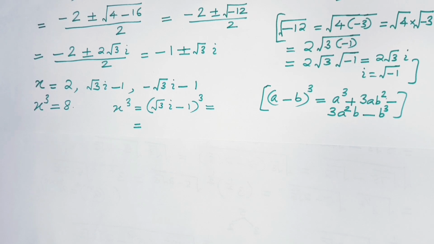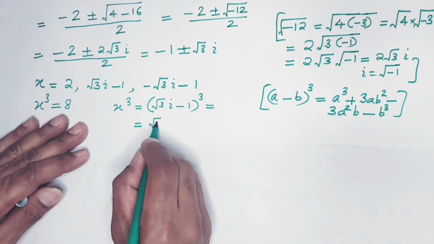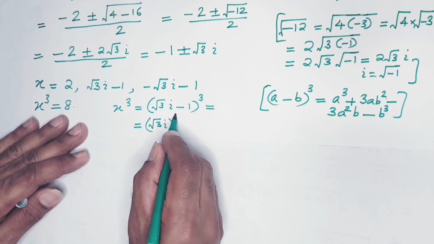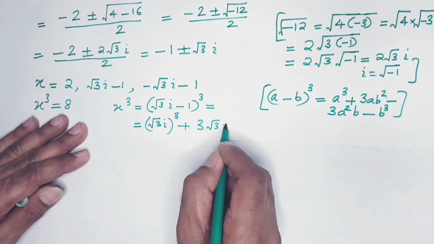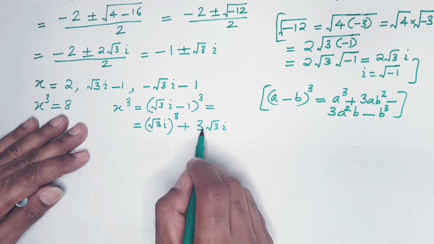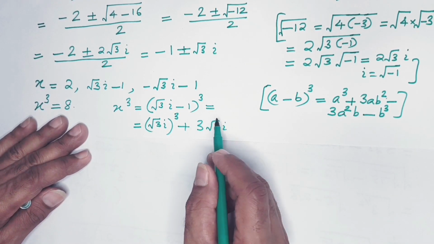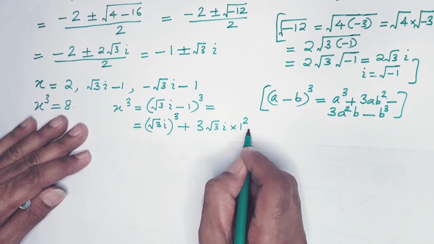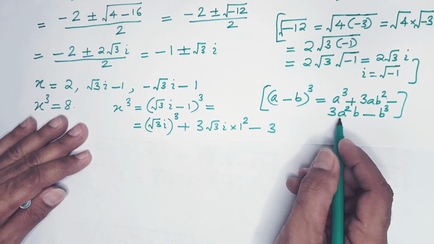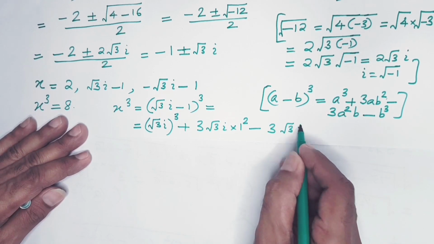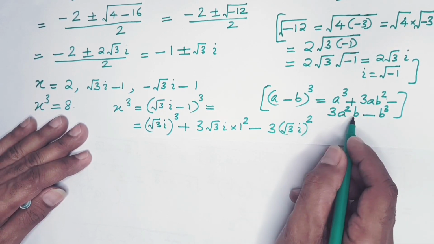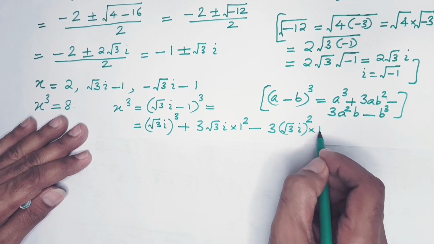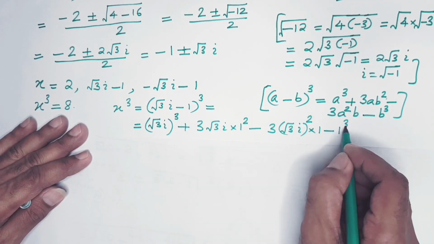So on removing the bracket, you will have root 3i the whole cubed plus 3 root 3i, this 3, this is a, then b squared. b is 1, so you will have 1 squared, minus 3 a squared, which is root 3i the whole squared, multiplied by b, which is 1. Then the last term, 1 the whole cubed.